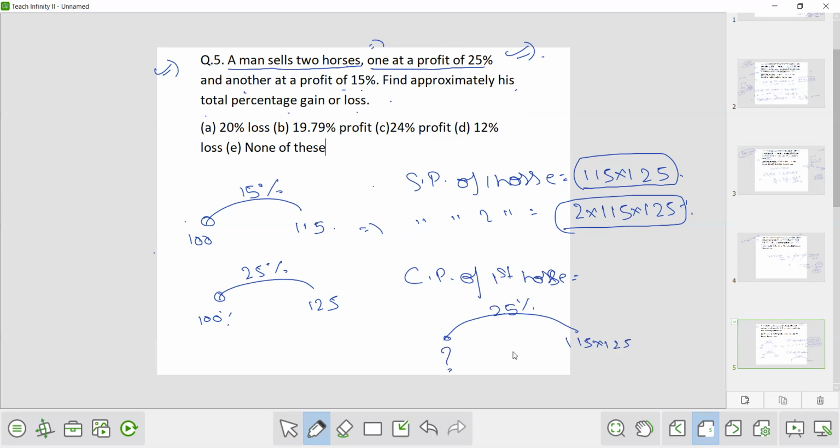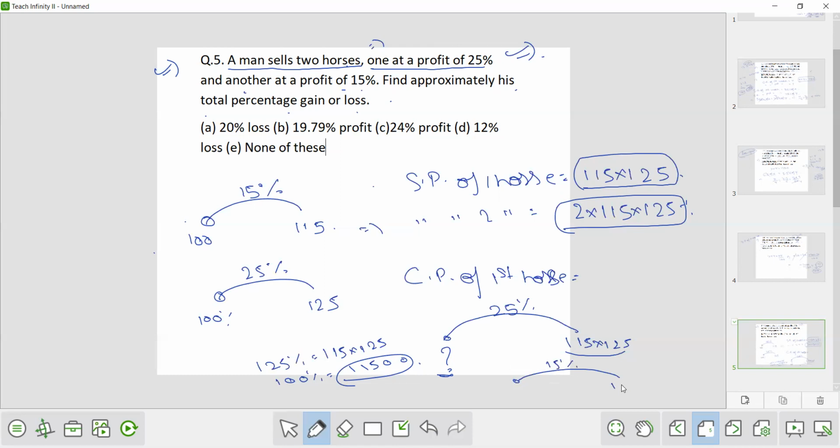So we have to find the CP. So this is 125%, this is 100%. So 125% is equivalent to 115 into 125. So 100% is equivalent to how much? 11500.